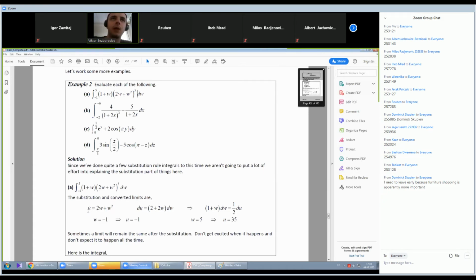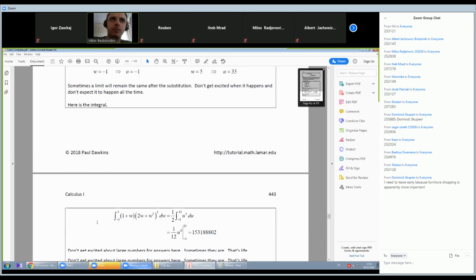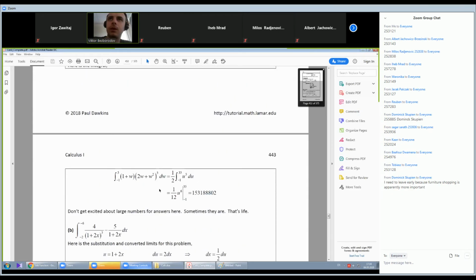So this is our substitution candidate, and of course it's good. We'll find all this, and then we also change the limits. If w is -1 here, then u of w is going to be -1 as well. And if w is 5, u is 35. And then this is your integral.